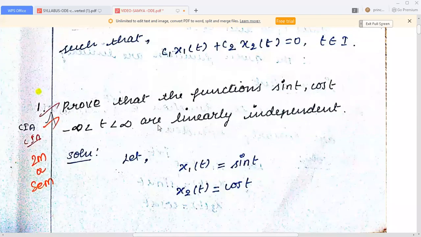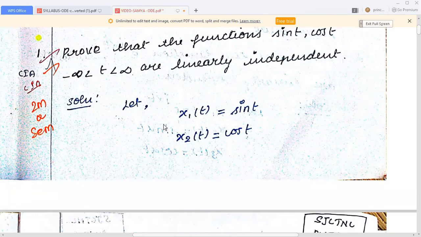Problem number 1: prove that the functions sin t, cos t defined in the interval minus infinity to plus infinity are linearly independent. Now we write the solution. Now we take the given functions as x1 of t and x2 of t.